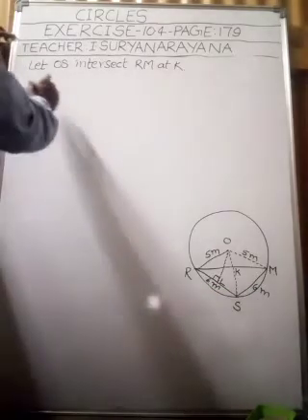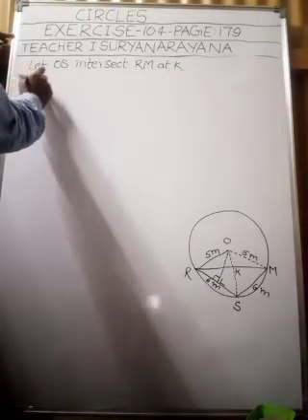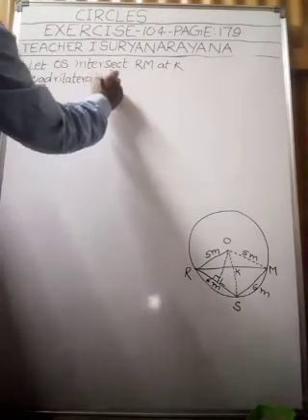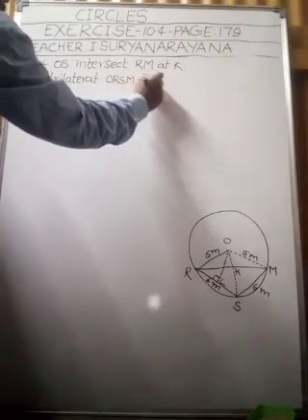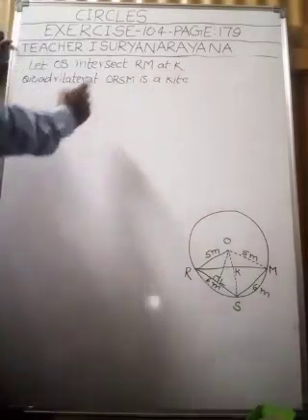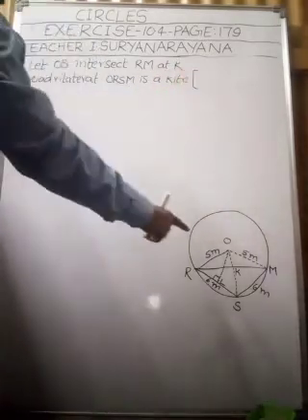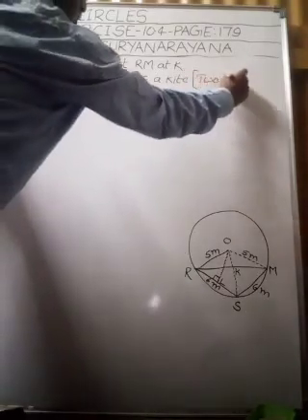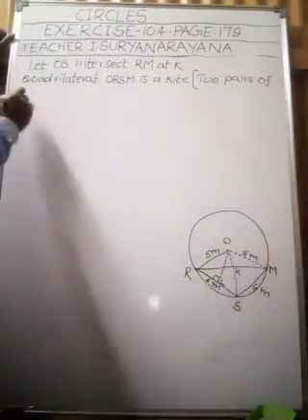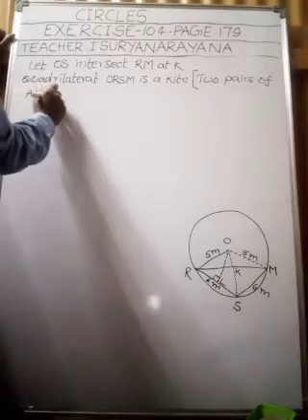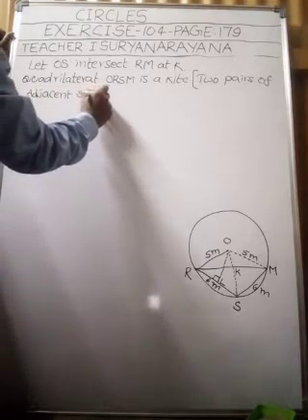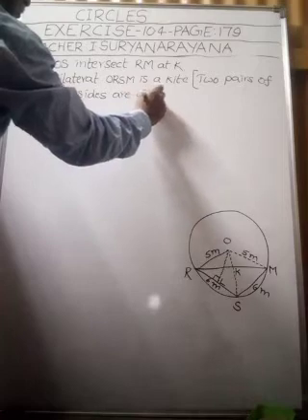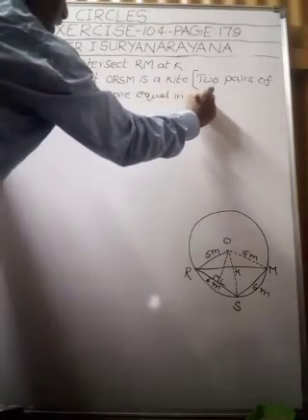Quadrilateral ORSM is a kite because two pairs of adjacent sides are equal.